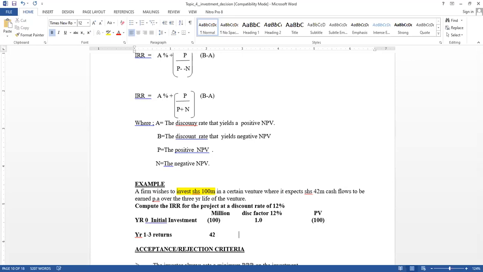Now, I need to go to my annuity tables. This time I will not use present value, but I will use present value of an annuity.